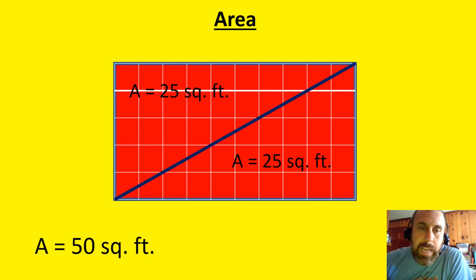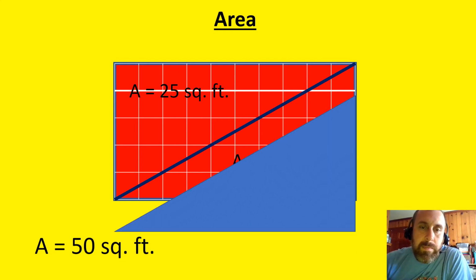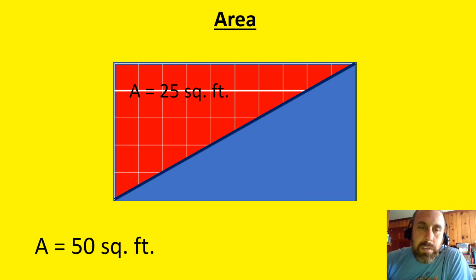Well, take a look at the shape you just created. Can you see it? There's our triangle. So all I did was I took the area of the rectangle and I chopped it in half. And it's still going to be that 25 square feet. I just colored it blue.